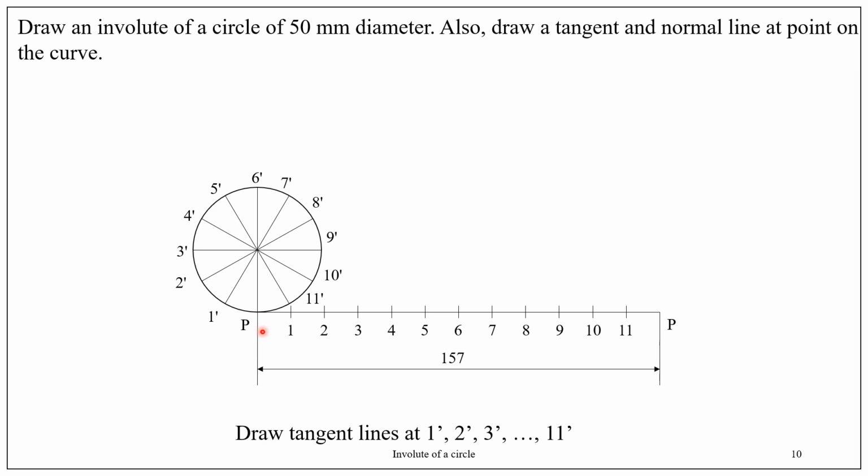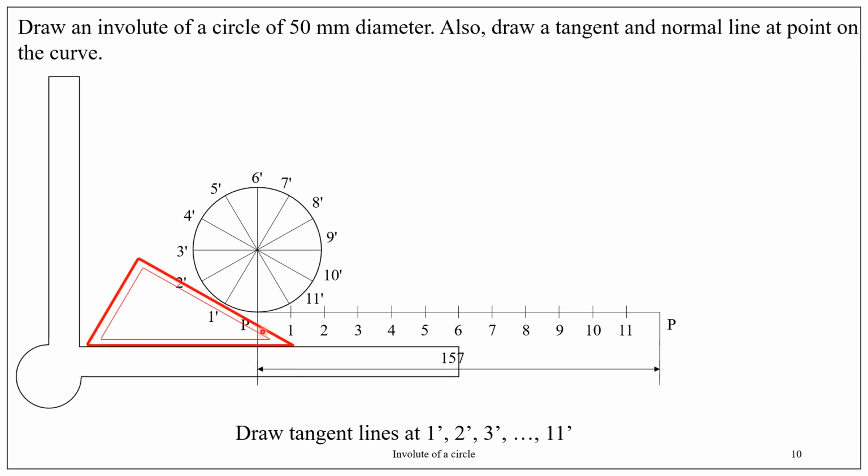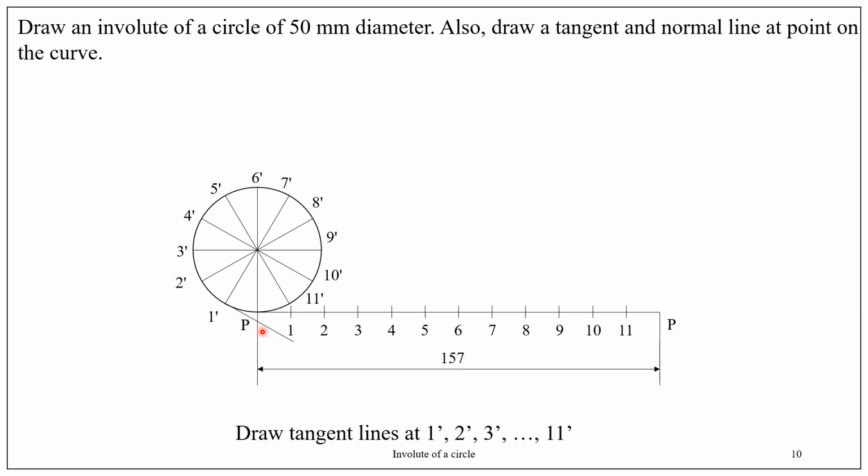Therefore, to locate the position of point P after 30-degree unwinding, we need to draw a tangential line through point 1 dash. For that, use 30-60 set square like this and draw a line. So this line is the tangent through 1 dash.